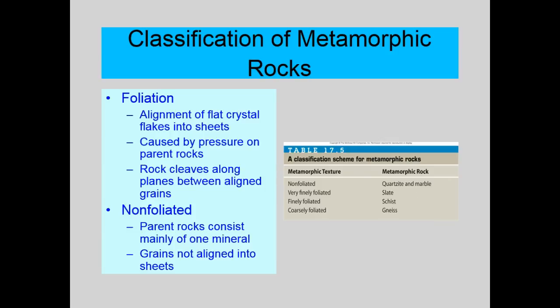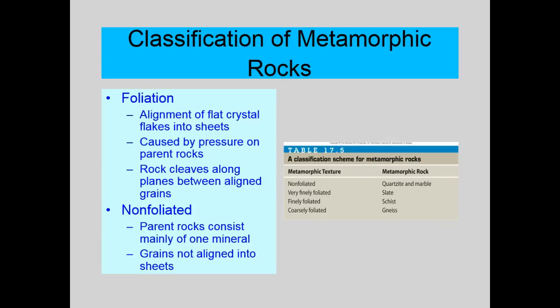For instance, non-foliated would be quartzite and marble. Quartzite came from sandstone. Not in sheets. Very finely foliated was that slate that you use for roofs, very distinctly foliated. Finely foliated would be schist, and I would say gneiss was not foliated, but actually it's very coarsely foliated.